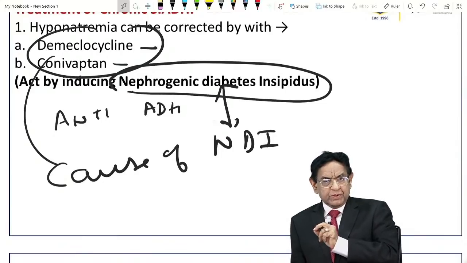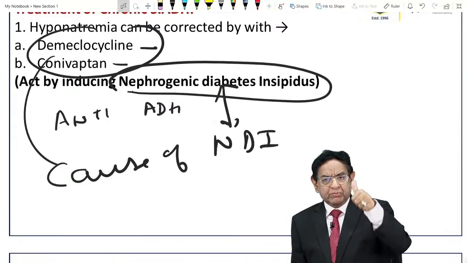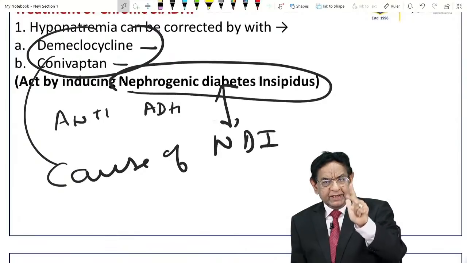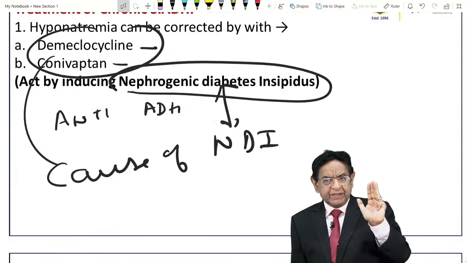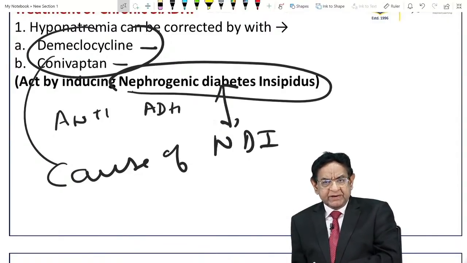Number 2, important causes that you don't have to forget: small cell lung cancer, hypothyroid, head injury, subarachnoid hemorrhage, and infection like pneumonias, and certain drugs like tricyclic antidepressant and vincristine.